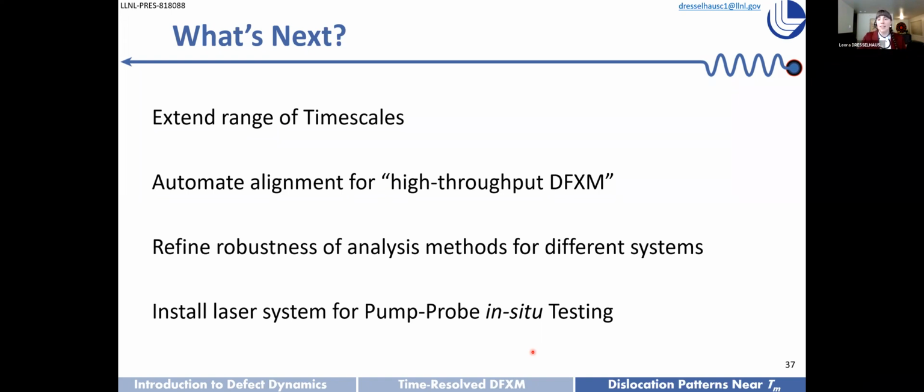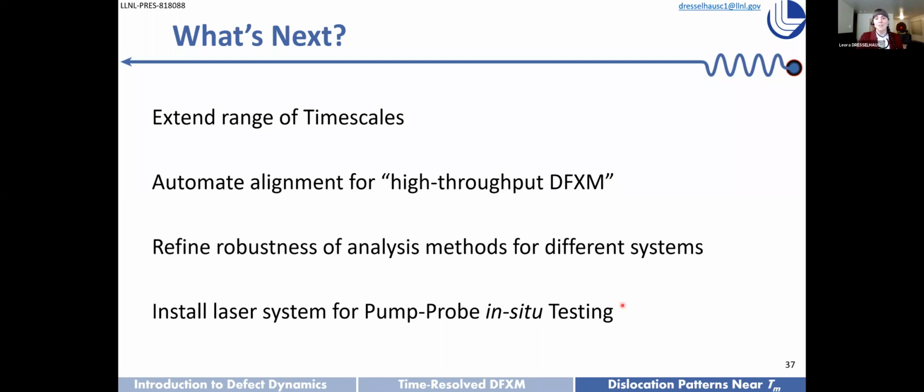And we also are working closely with our data scientists to refine the robustness of our analysis methods to be able to make it a robust tool across many different types of systems, as dislocations are not specific to single crystal aluminum.